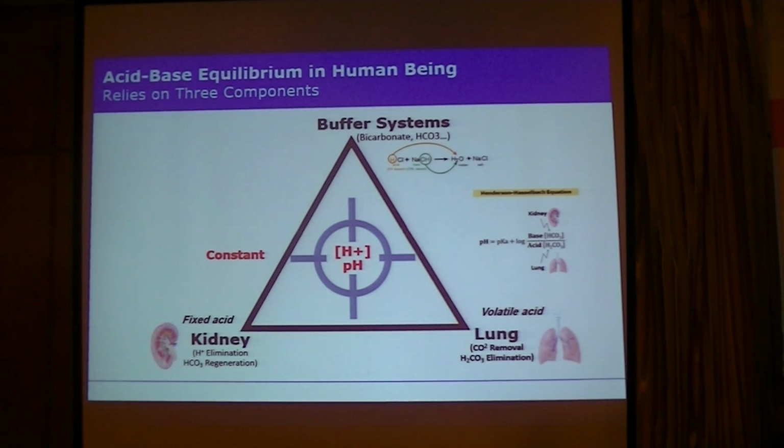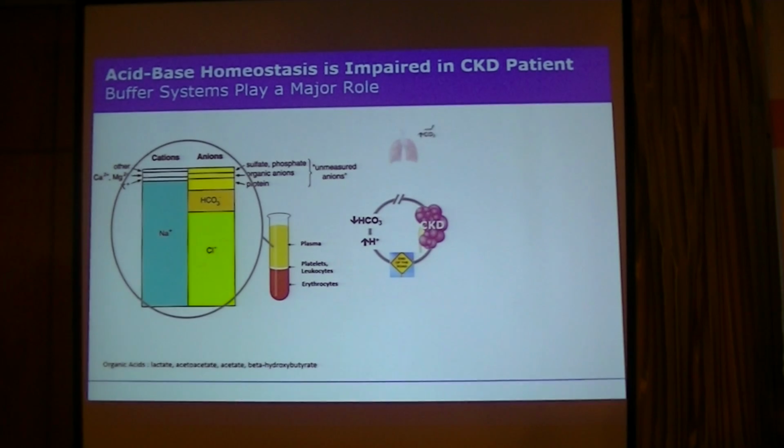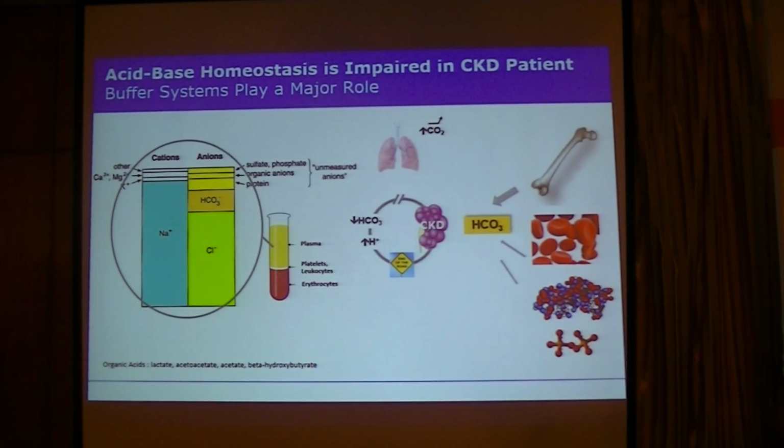Now, if we move to the kidney disease patient, it's much more complex. We know that on the left you get bicarbonate, which is part of the anion system, and it's a nice way to maintain the bicarbonate concentration between 24 and 27 millimoles. And if you look at the anions, we have the gap, which is close to 15 to 17.